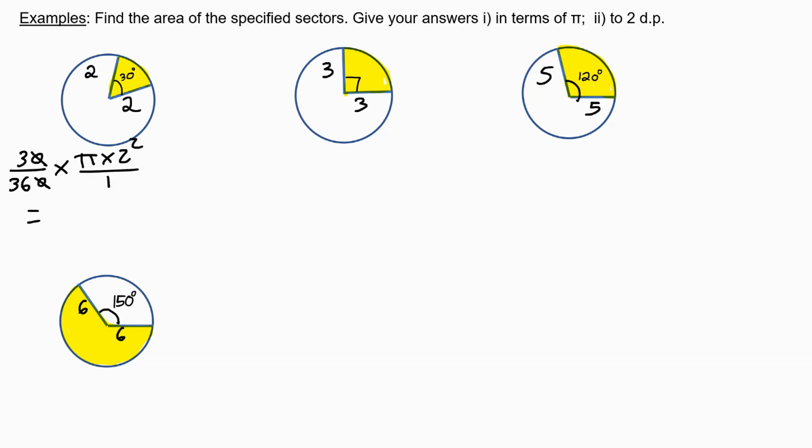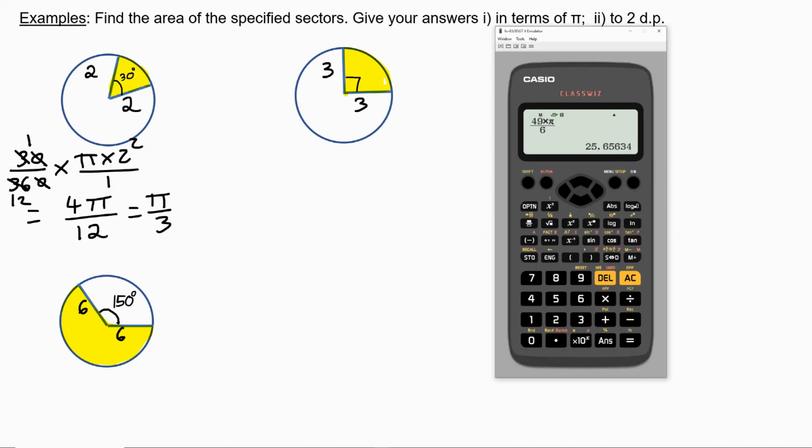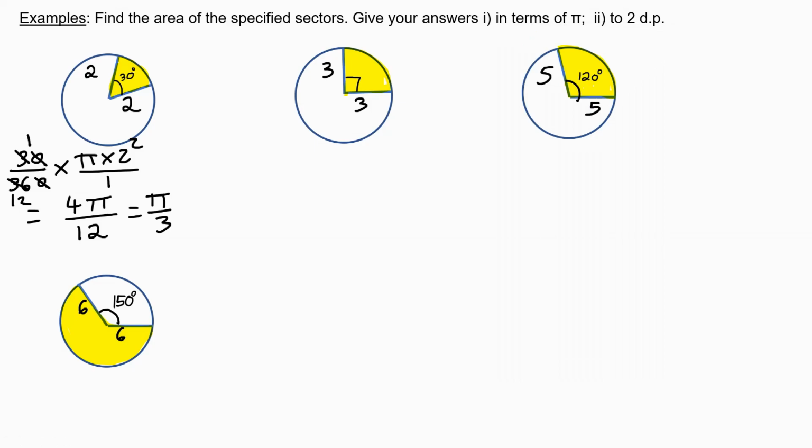They cancel out. 3 into itself goes 1, 3 into 36 goes 12. Pi times 2 squared is 4 pi, so I end up with 4 pi over 12, which simplifies to pi over 3. And we can work out the 2 decimal places as follows. Let's put in shift pi over 3. And that gives me 1.05 to 2 decimal places.